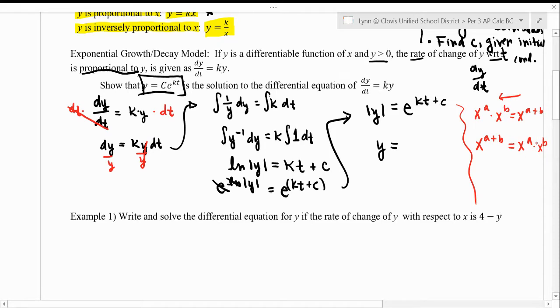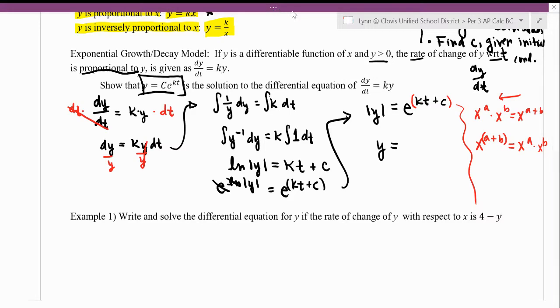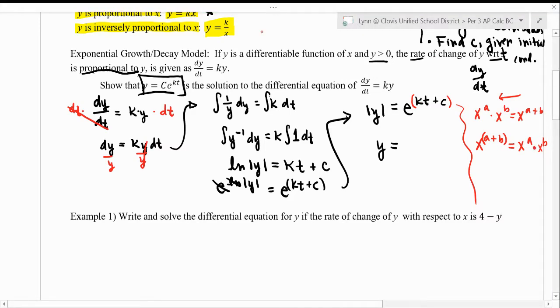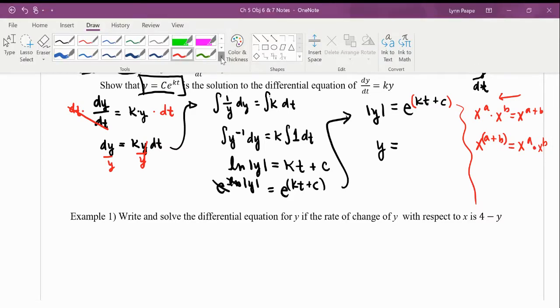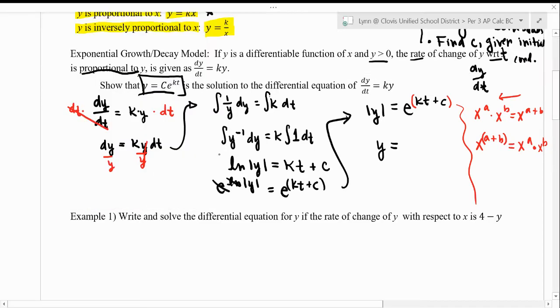So that's just using that law of exponents that we know. We're just going backwards. So up here, I have this kt plus c, which is like the a plus b, and I'm going to split it up. So e will become the base for both kt and c, but it will be a product, right? And again, we're using that law of exponents in a reverse way.